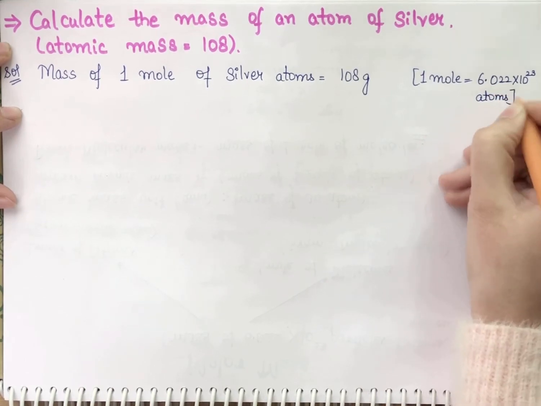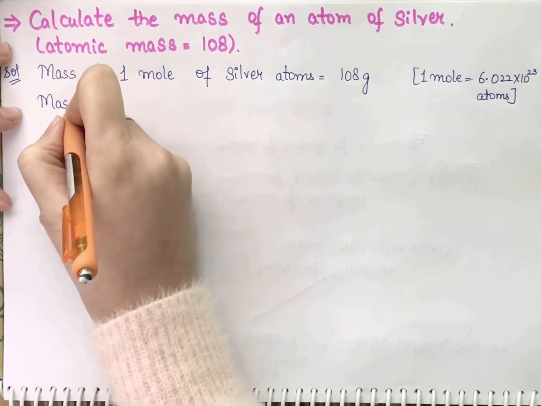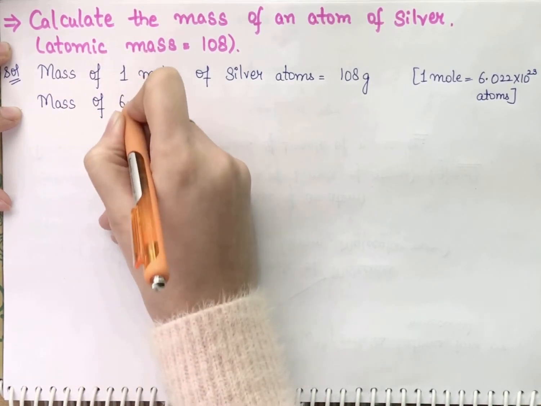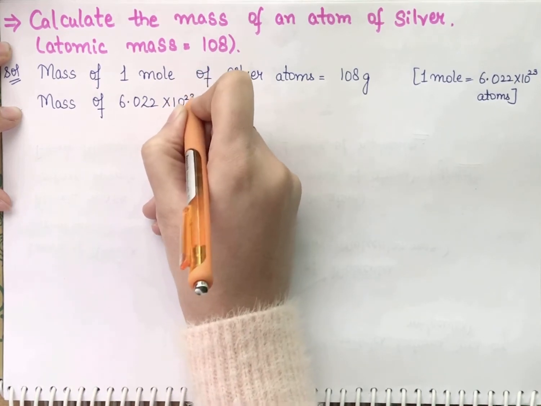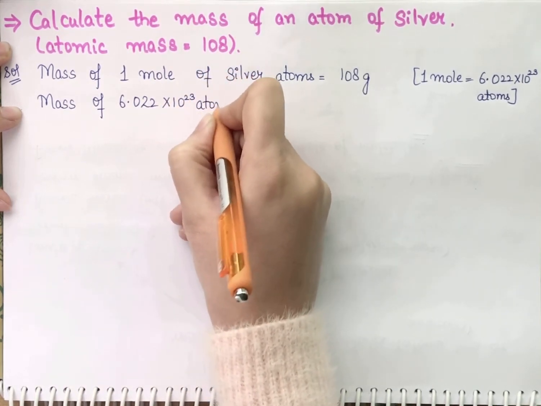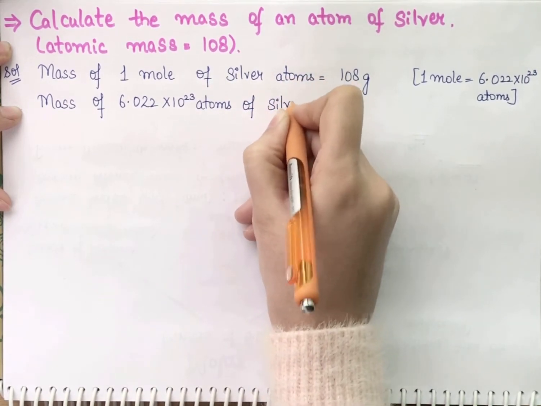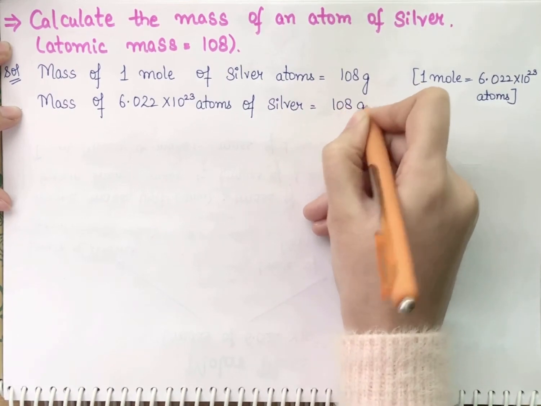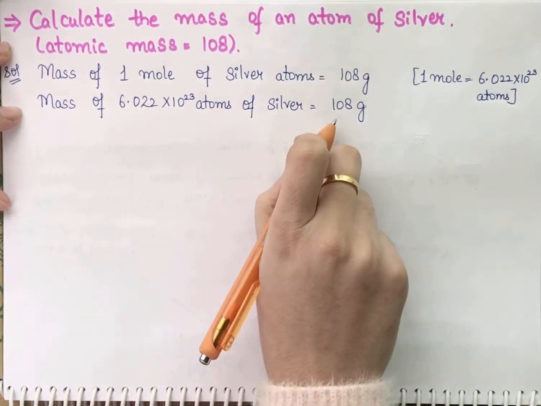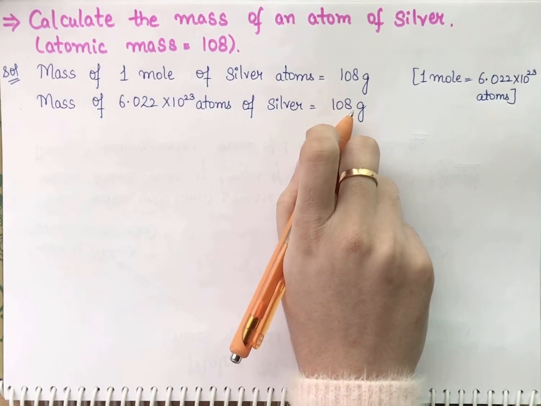So you'll put the value of 1 mole over here. So mass of 6.022 into 10 raised to power 23 atoms of silver equal to 108 gram, right? Now I have to find the mass of 1 atom. So I'll simply apply the unity method.